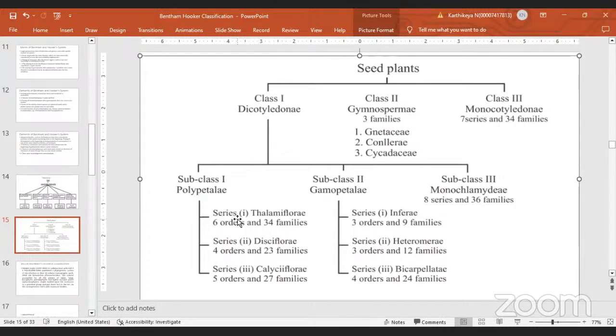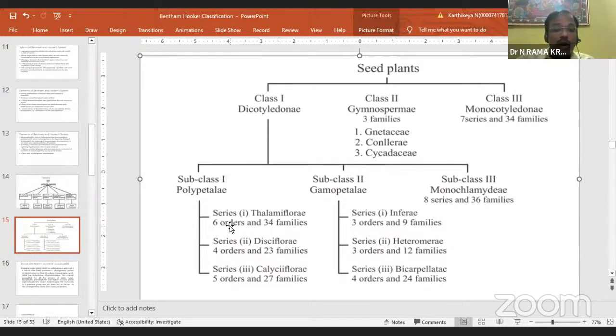The series Thalamiflorae. And next, order: it is Ranales. Family Annonaceae. Genus Annona. Species squamosa. So this is how you study the Annonaceae family.